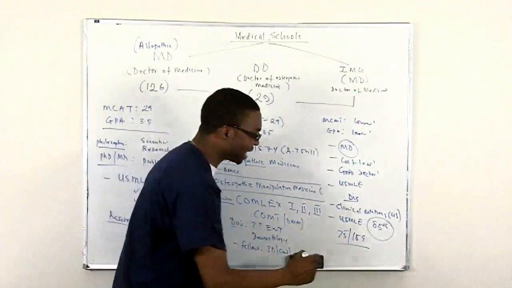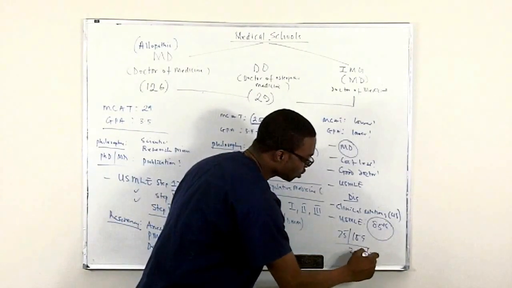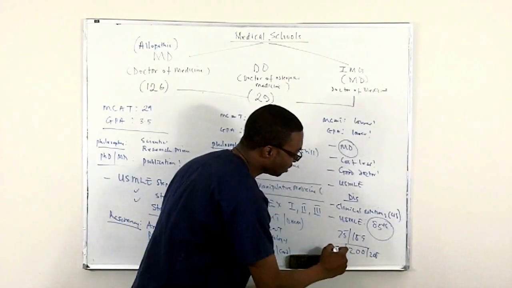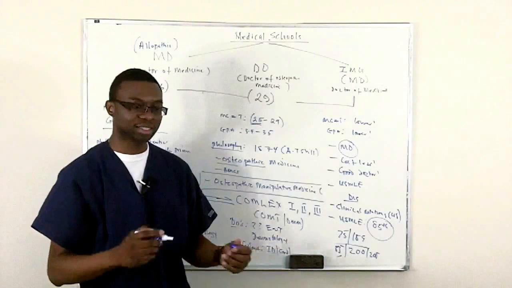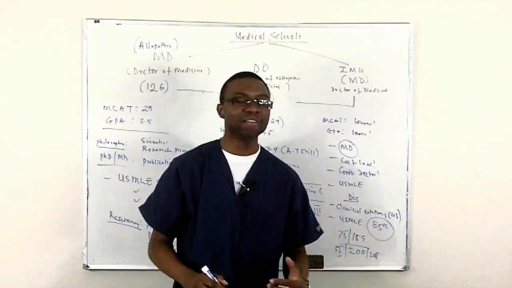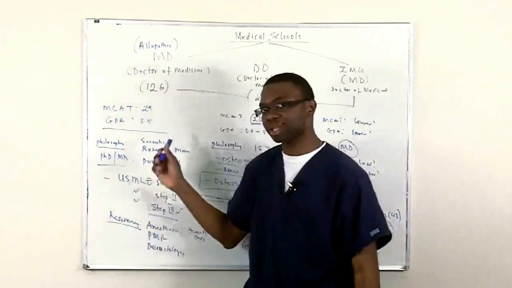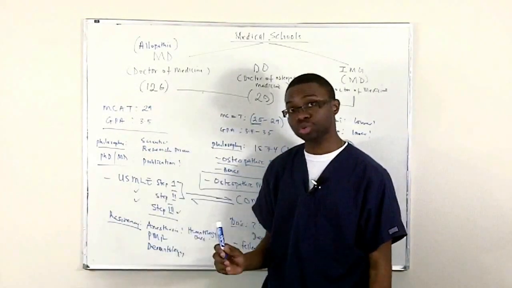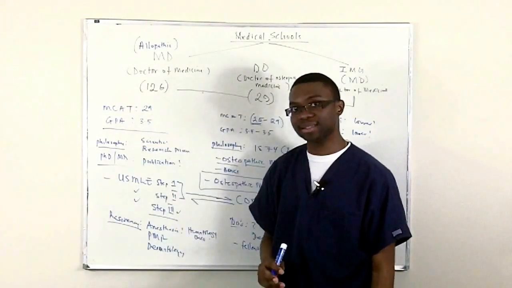You want to make sure you get at least a 200 or 205. Let's say you're applying to an internal medicine residency in the US, because your score has to be stronger, if not even better than all the applicants that are applying to these medical residencies.